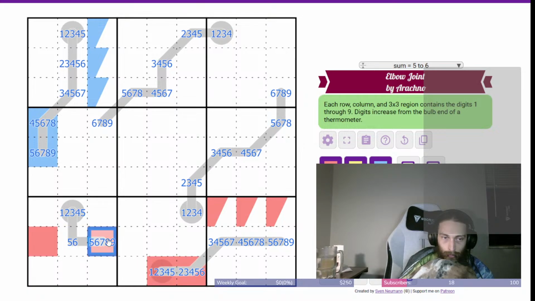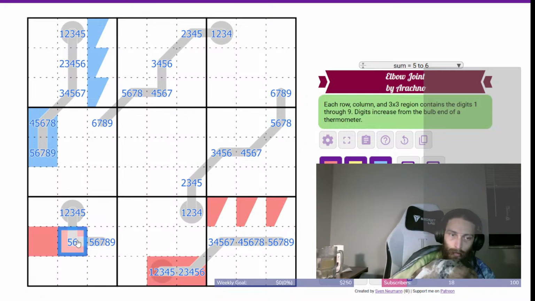So then it wouldn't end up in red. So if this was 6, then that's a 6, 7, 8, 9, 7, 8, 9. So then this can't be 6. So this is a 5, regardless of whether it's in red or blue.